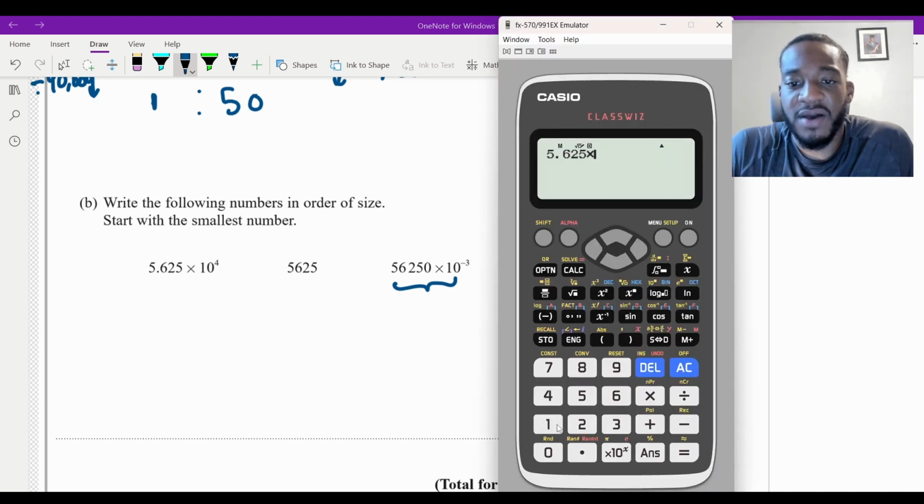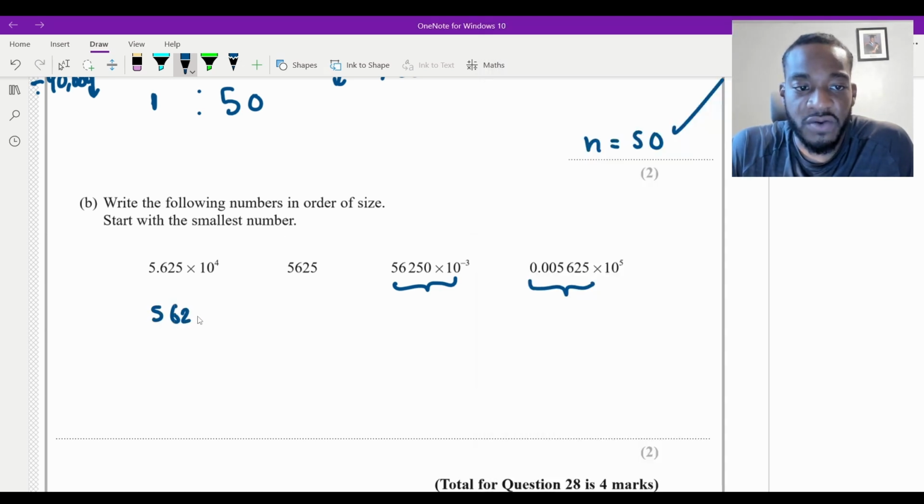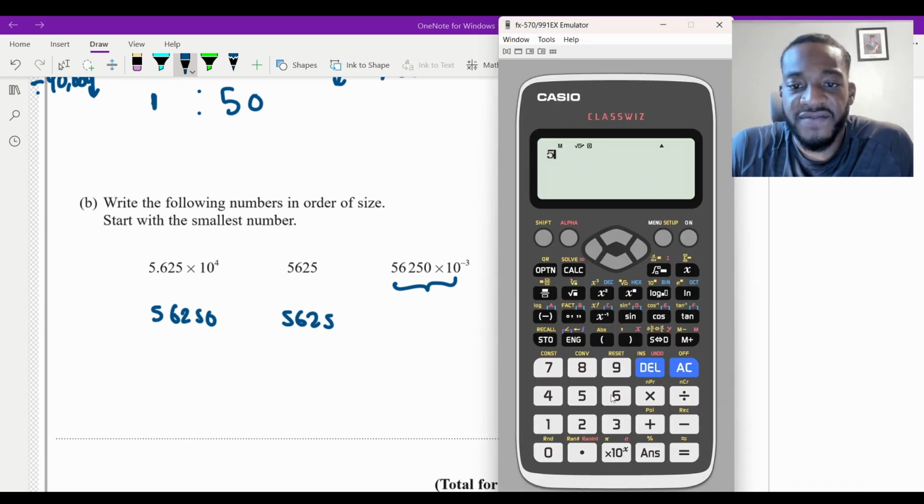5.625 times 10 to the power of 4 will give me 56250. So I'm going to write 56250 here. 5625 is already done. And I'm going to do this one. It's going to be 5625250 times 10 to the minus 3.